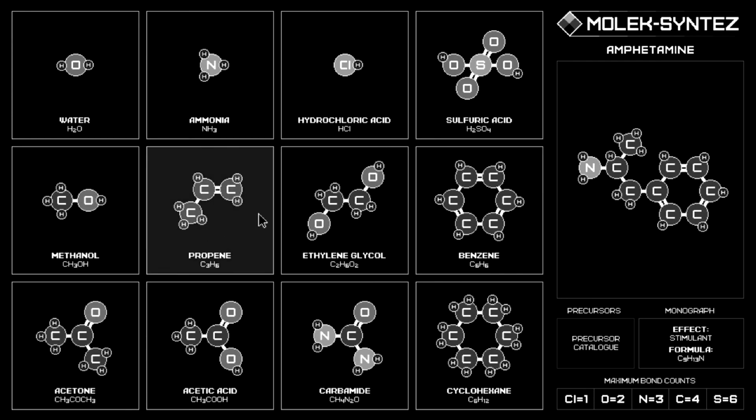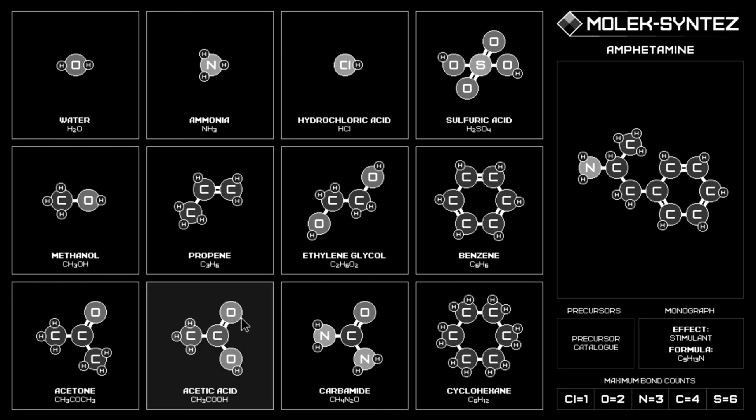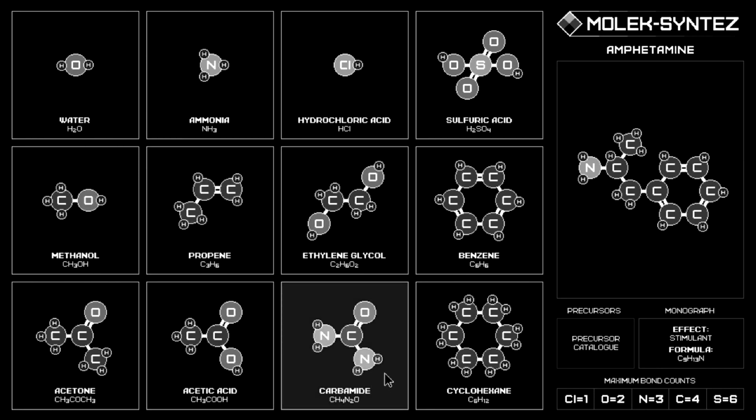Propene. And again, that's not really helpful. It'd be nice if I had something with nitrogen in it. Which is leading me towards the carbamide. It's got these bonds I need here for the most part.